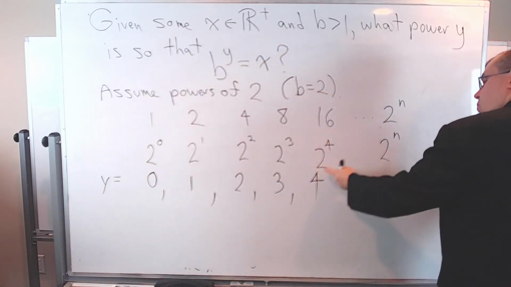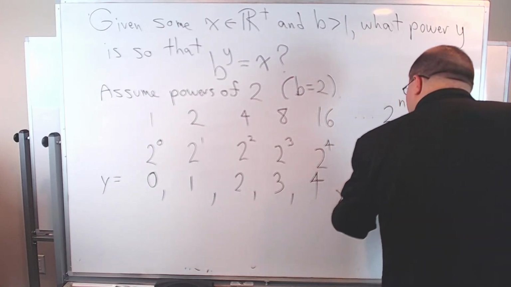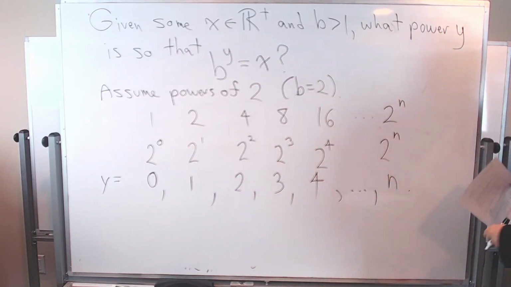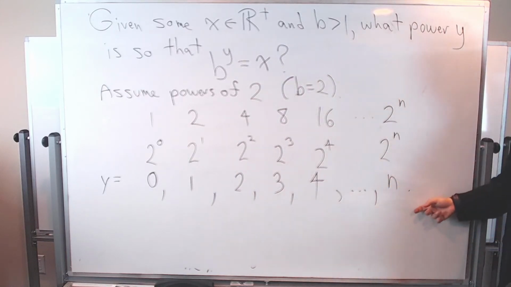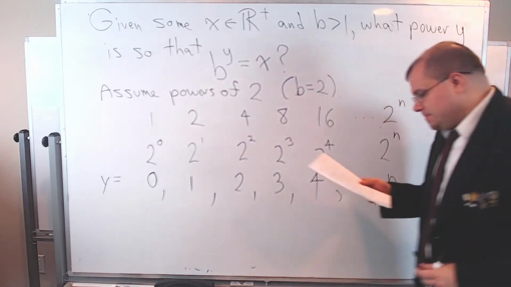And 2 to the power of 4 is 16, so y would be 4 here. What would it be for 2 to the power of n? Well, it'll just be n, right? Is that neat? So that's just n, which is a neat property of logarithms, by the way, but I haven't defined what a logarithm is yet.